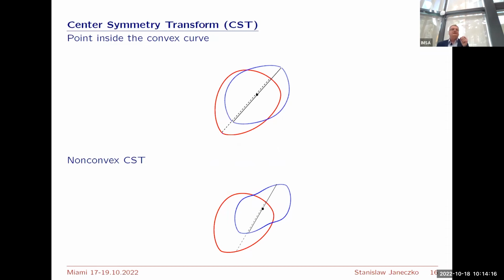Another symmetrization is very special and never studied, I think, or I didn't find it. You have a point inside the curve, and you take all chords passing through that point, intersecting the red curve, and you move these chords such that that point is the center.